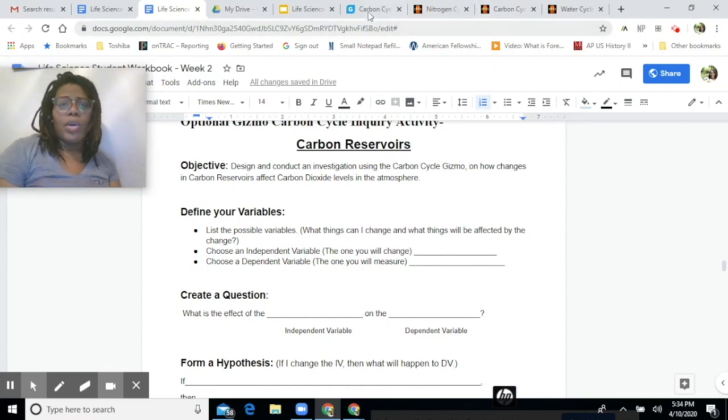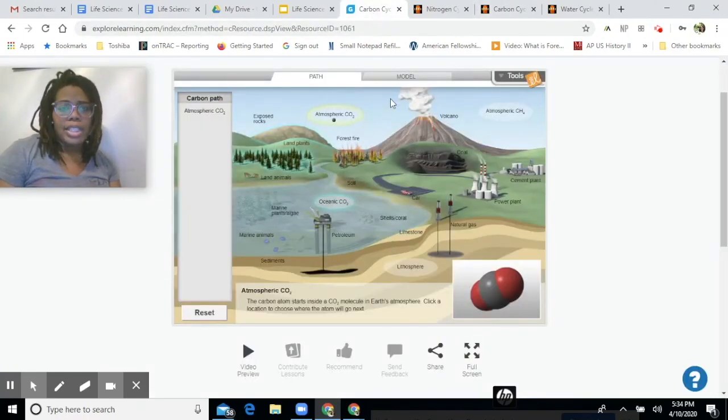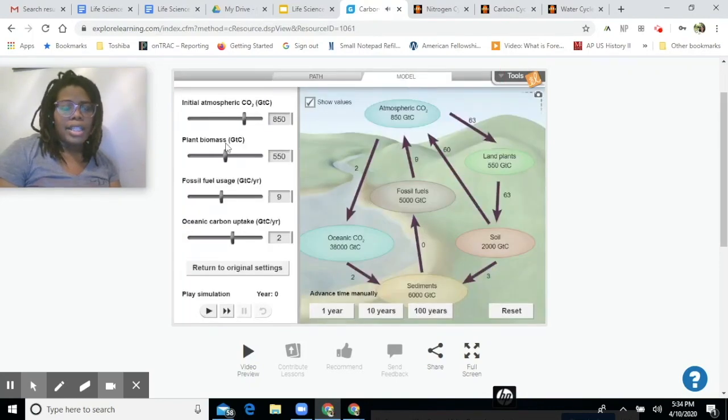Okay, so going back to the gizmo, you can see in the model the sliders. Each of the sliders is something you can change. So you have a slider for initial atmospheric CO2, a slider for plant biomass, a slider for fossil fuel usage, a slider for oceanic carbon uptake, a slider for the amount of time. So these are all different things that you can change.